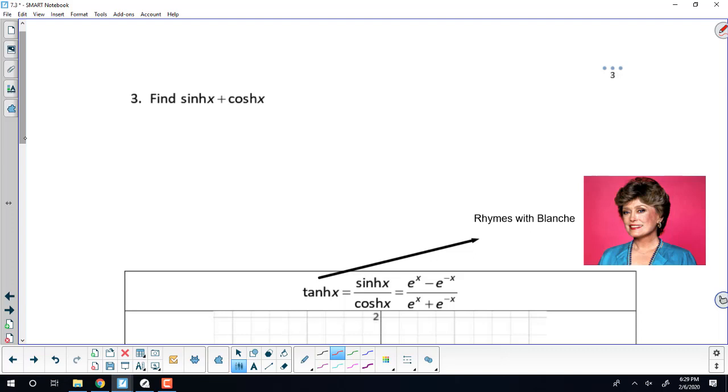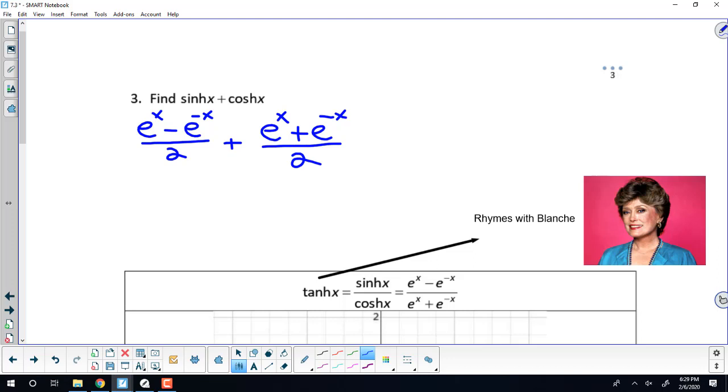Okay. So example 3 says find the hyperbolic sine plus the hyperbolic cosine. You just want to use the exponential definitions of each to find out what that is. There may not be a hyperbolic trig representation for some of these things.